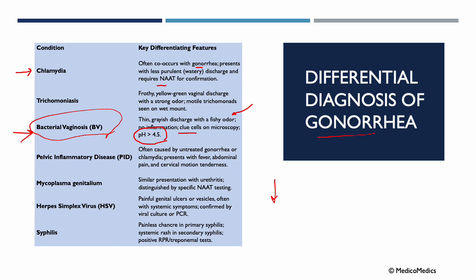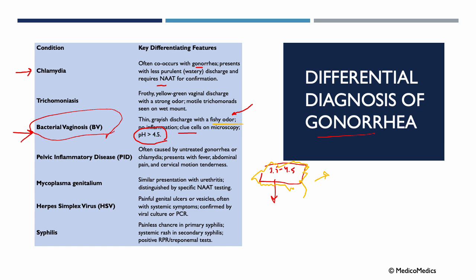The lactobacilli are not able to maintain this range of 3.5 to 4.5. And this allows for other bacteria to start multiplying and overgrow, leading to these characteristic symptoms of grayish discharge with a fishy odor, for example.